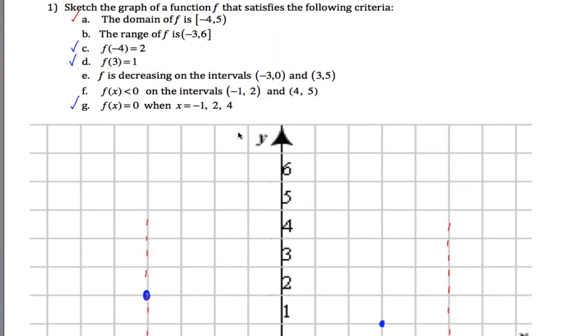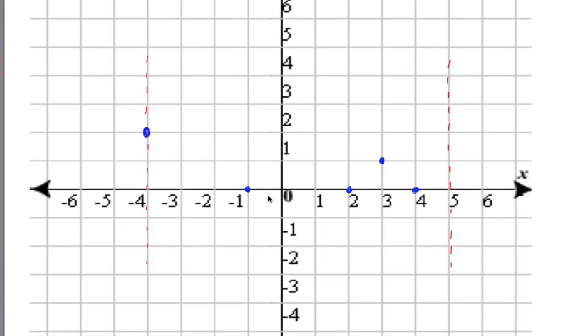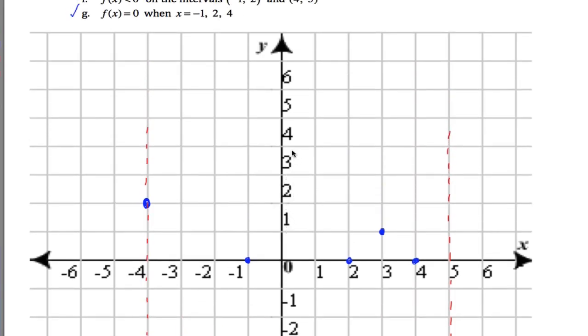As far as range, it goes from negative 3 to 6. So let's see, negative 1, 2, 3. I want to go from there all the way up to 1, 2, 3, 4, 5, 6.